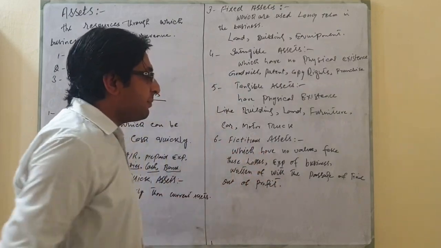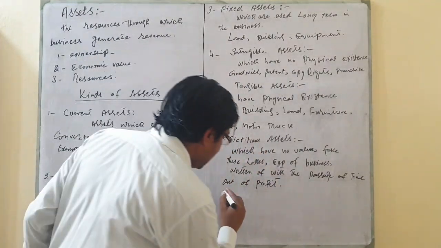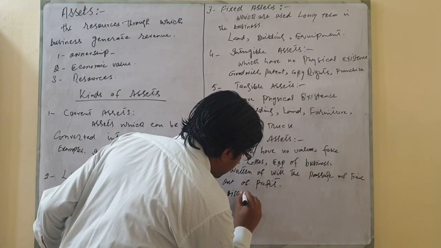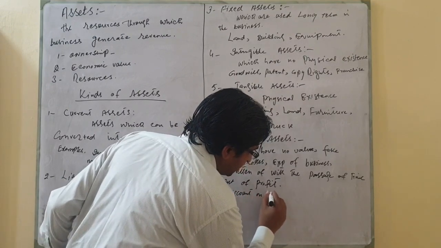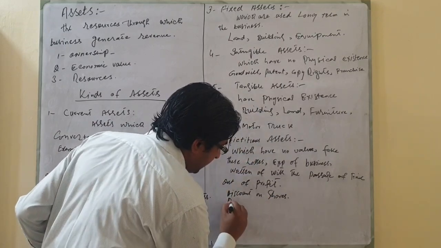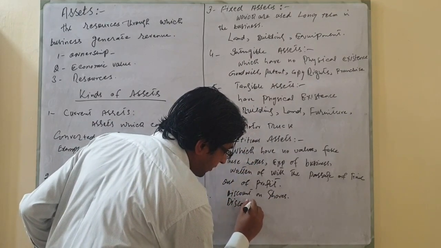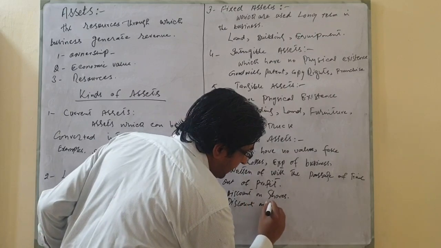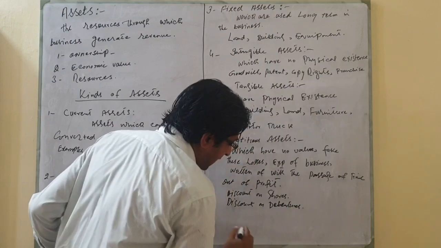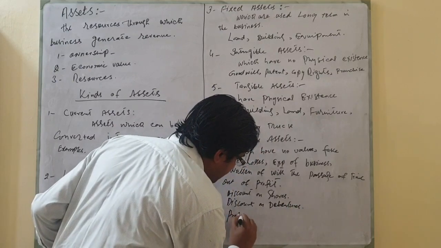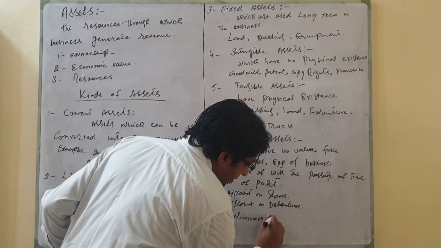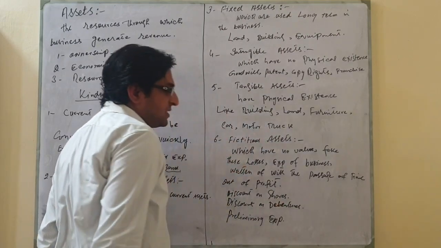So what are the examples of fictitious assets? Like discount on issue of shares, discount on issue of debentures, like preliminary expenses, expenses at the start of business.